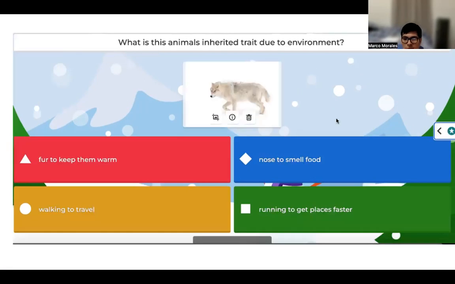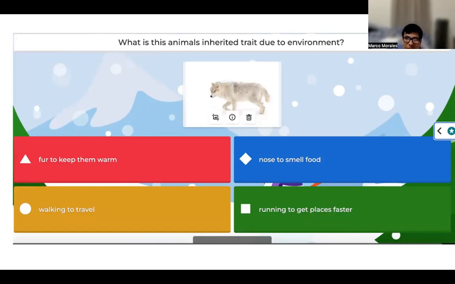I think this one's the last one. Let me see. Yeah, that is the last question. Okay. So this is the last question where many of you guys got it wrong, and it reads like this. What is this animal's inherited trait due to environment? I've noticed many of you guys chose blue, nose to smell food.